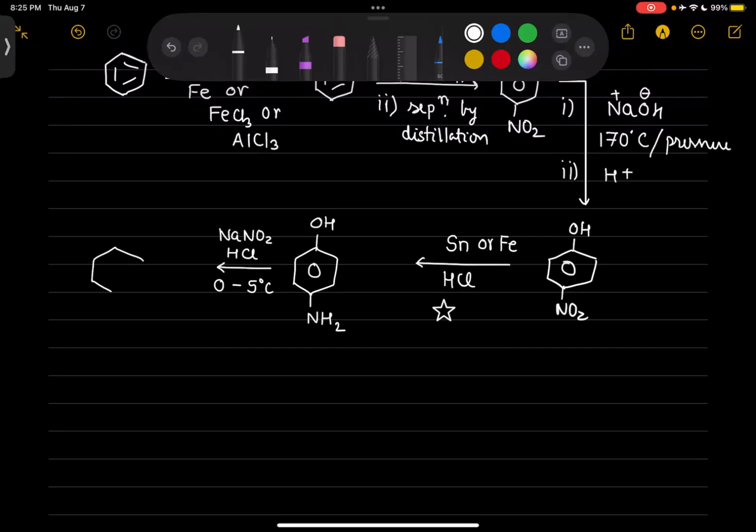Yes, sir. So what is this reaction? Tell me quickly what this NH2 will get converted to. I will give you a hint. This NaNO2 and HCl are also written as HNO2, nitrous acid.